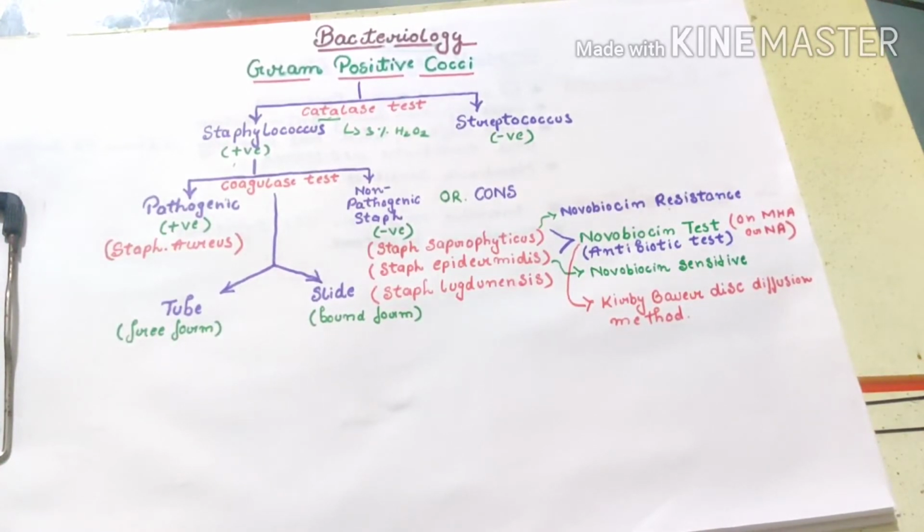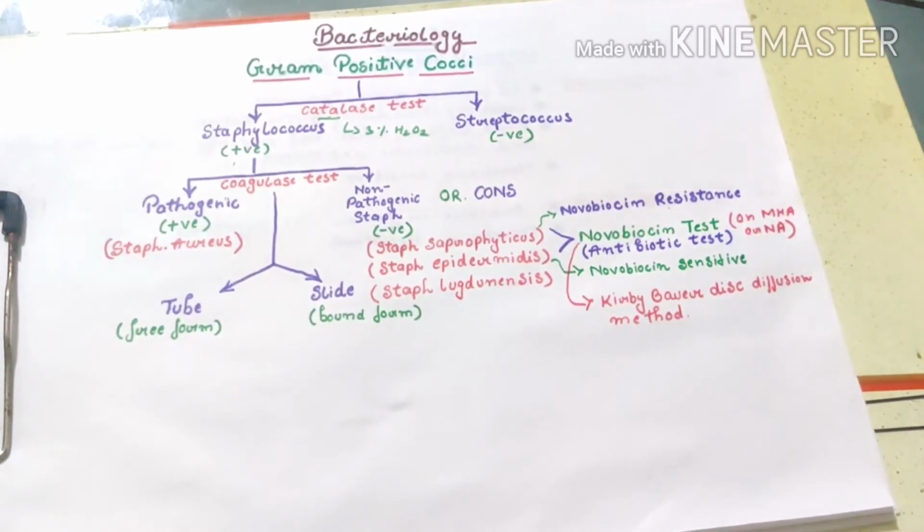If you talk about the coagulase test, there are two forms, tube and slide form. If we talk about slide form, in this we take saline on a slide and add staph colonies, either pathogenic or non-pathogenic, and make a milky emulsion. After that we add human plasma.